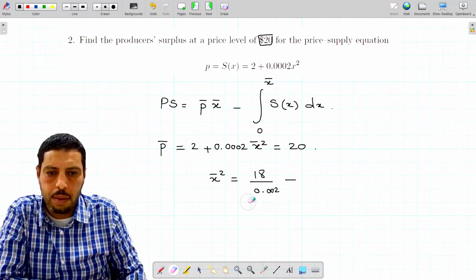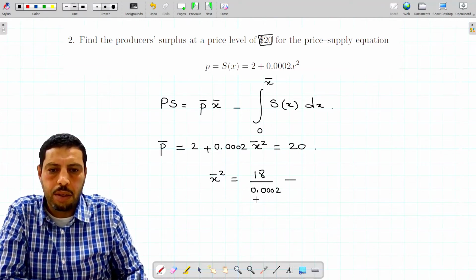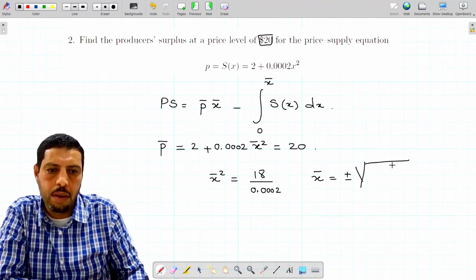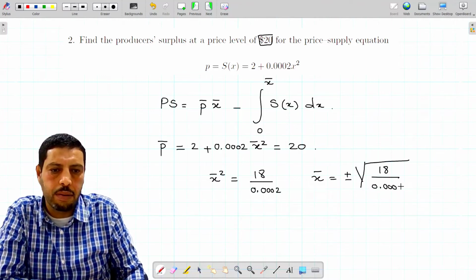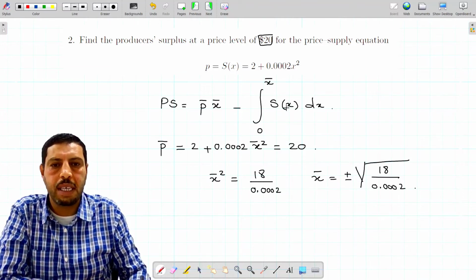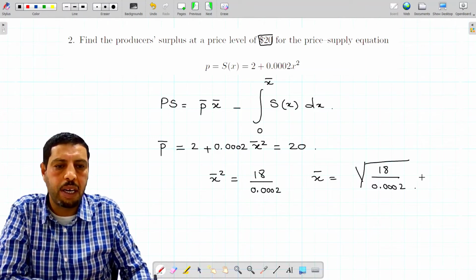So this is x bar squared. So x bar is equal to plus or minus the square root of 18 over 0.0002. But here we don't consider the negative value since x represents the quantity, the demand. So we're going to consider only the positive solution. You compute this quantity and you will find that x bar equals 300.